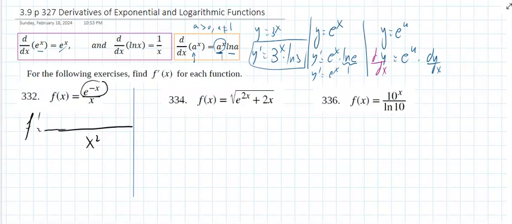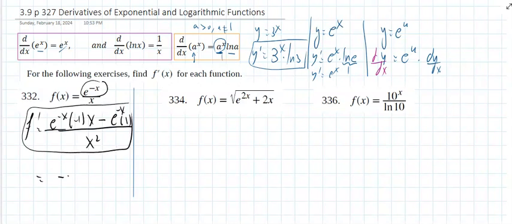Derivative of the top is e to the negative x times negative 1 by the chain rule, times the denominator, minus the top times derivative of the denominator, which is 1. And that's the calculus. You want to clean that up. You could factor negative e to the negative x out. Out of the first, I'll have an x, and out of the second, I'll have a plus 1, over x squared. So the answer with the back of the book will be simplified, and it would look just like this.